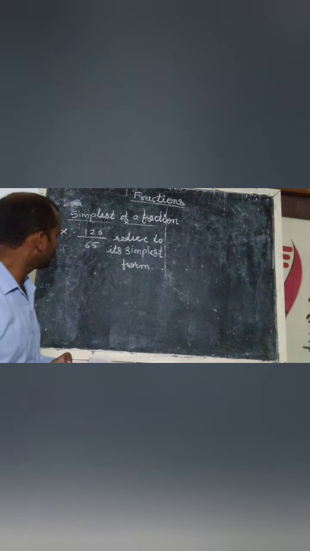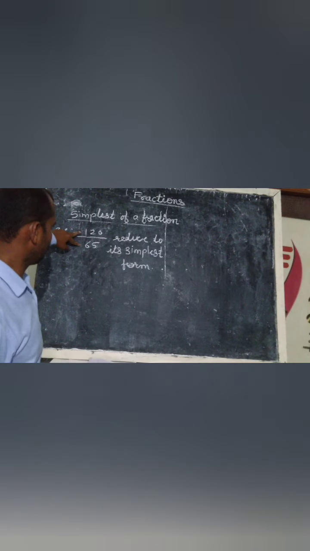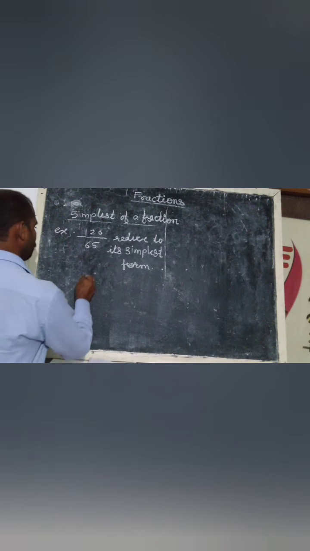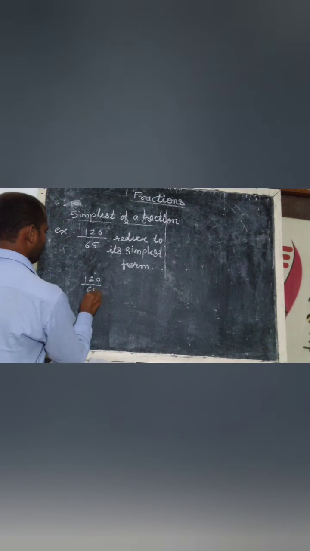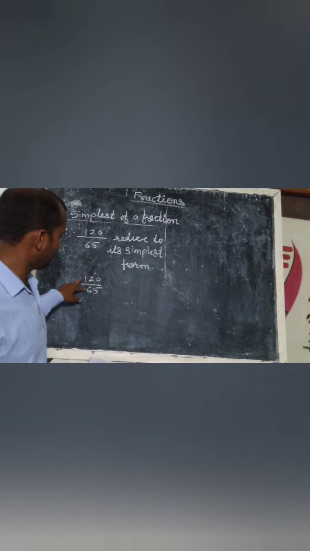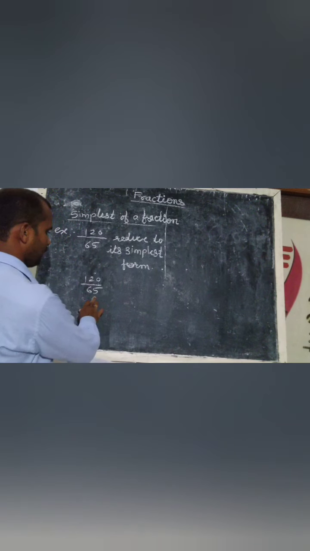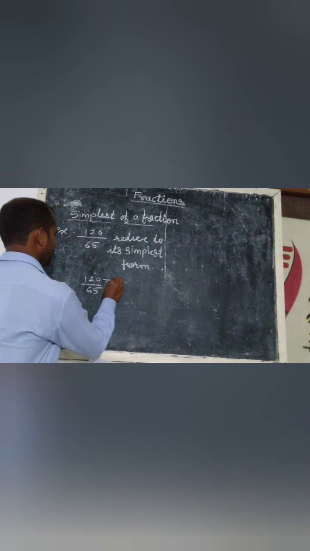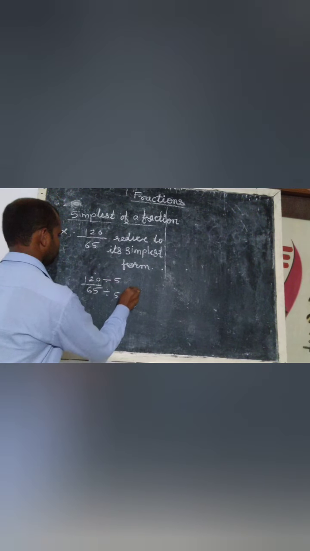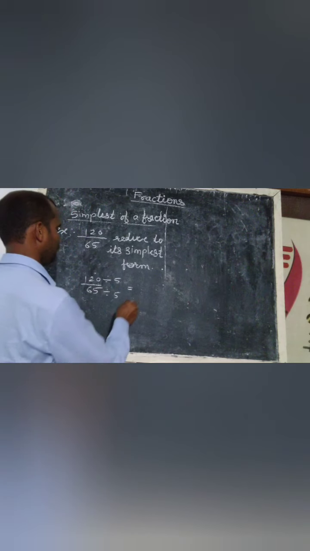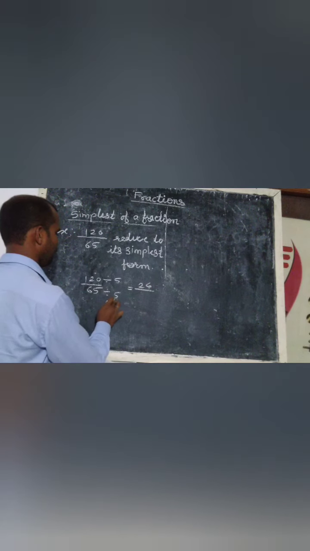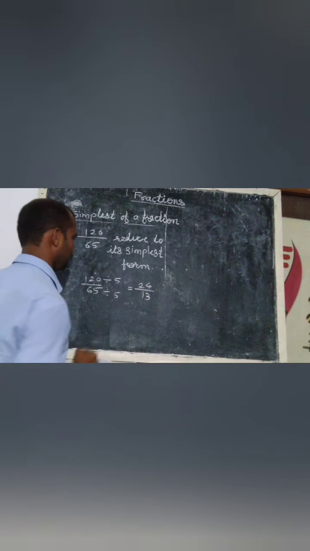After that you have to divide both the numbers by their HCF. When you find their highest common factor, you will get 5, because 65 is divisible by 5 and 120 is also divisible by 5. 120 divided by 5 is 24 and 65 divided by 5 is 13.